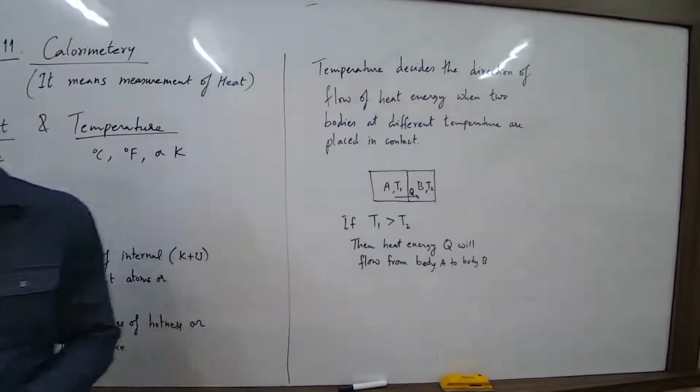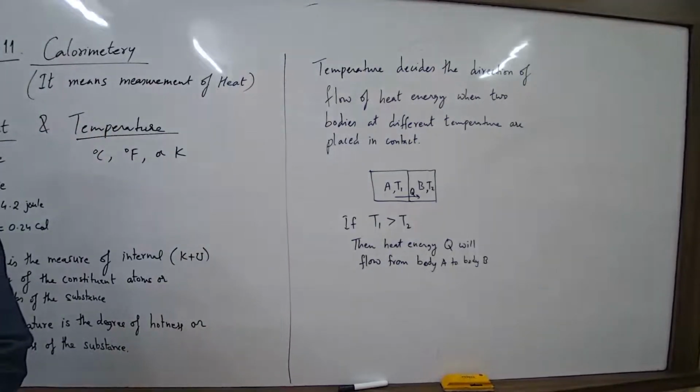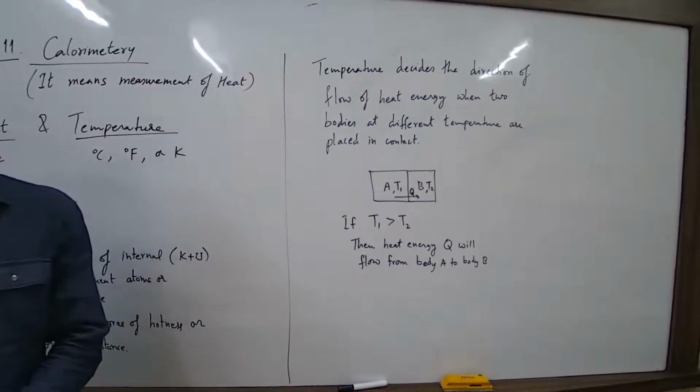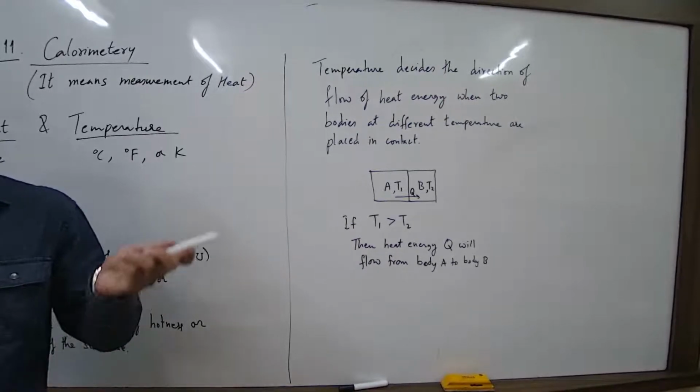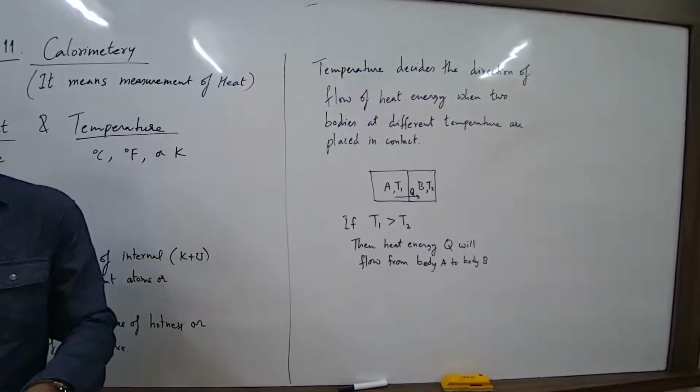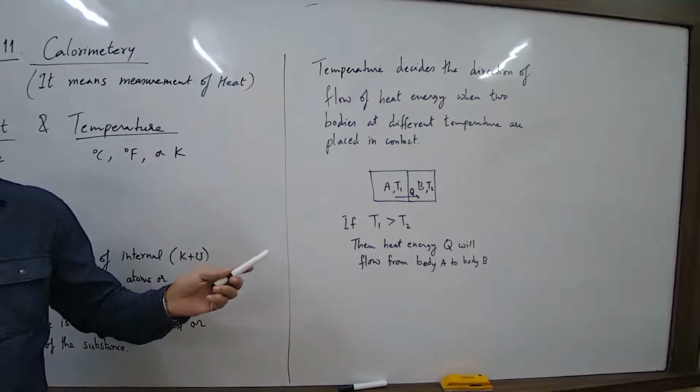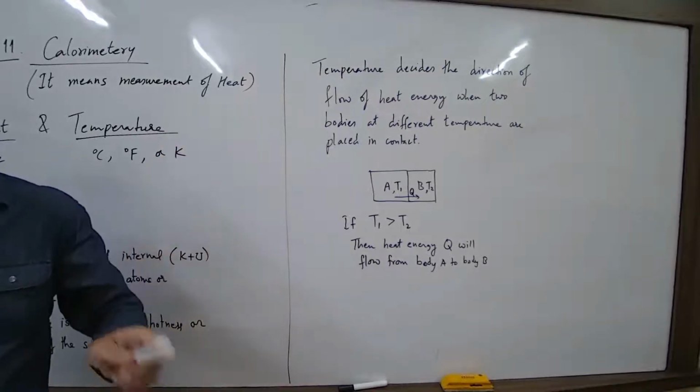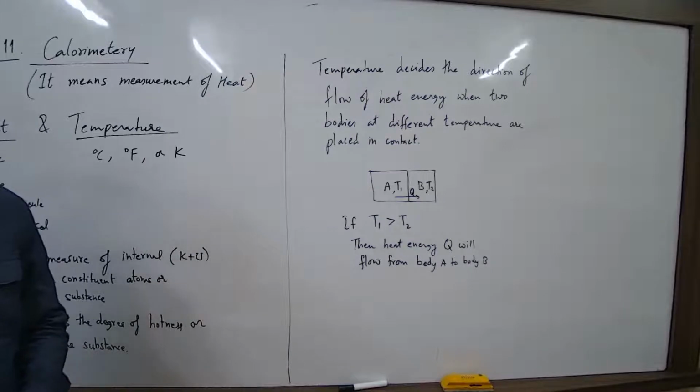Understood? What determines the flow of heat? Temperature. Like what determines the flow of current in electricity? Potential difference. So higher potential to lower potential. Likewise, heat will flow from higher temperature to lower temperature body.